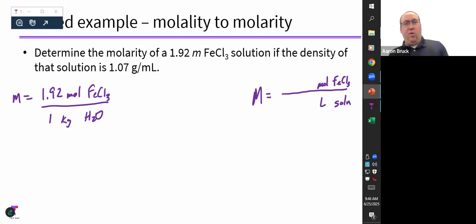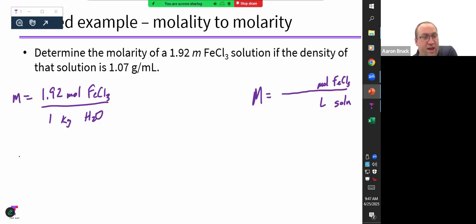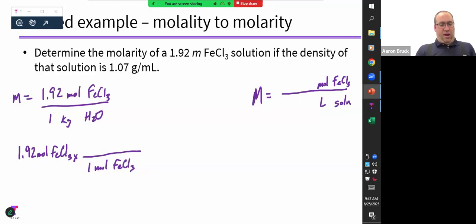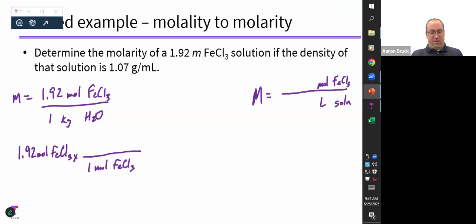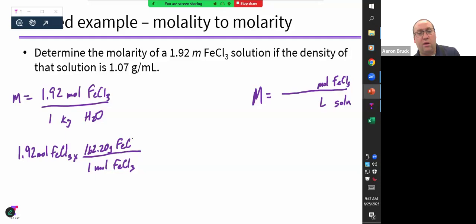The one thing that is common between them is we are going to have to convert the moles of iron 3 chloride into grams. 1 mole of iron 3 chloride: iron is 55.85, chlorine is 35.45, and there are 3 of them, so times 3. 162.20 for every mole.